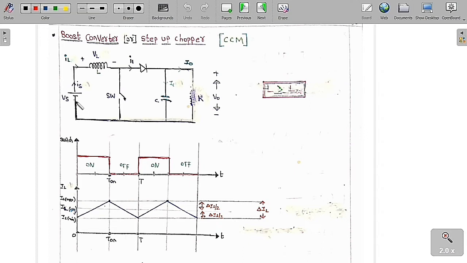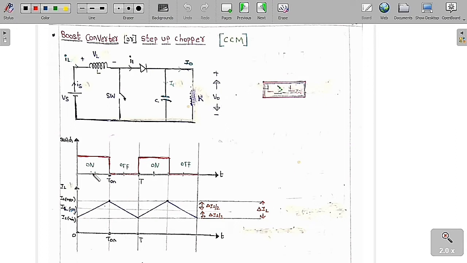Similarly we give the supply voltage of Vs. This is the source current Is, the inductor current is IL. This is the switch or the chopper, and this is the current in the diode which is I1. This is the current in the capacitor which is IC, the current in the load is I0, and this is the voltage across the load resistor which is V0.